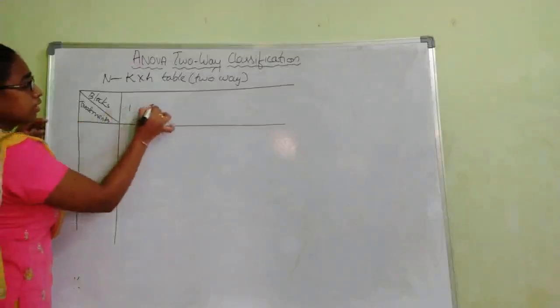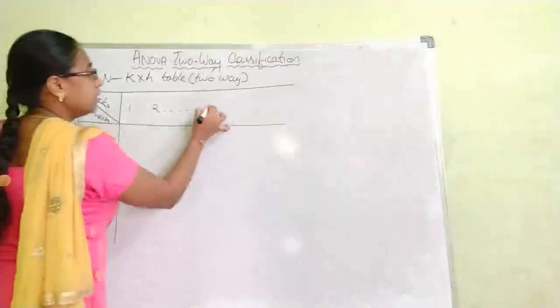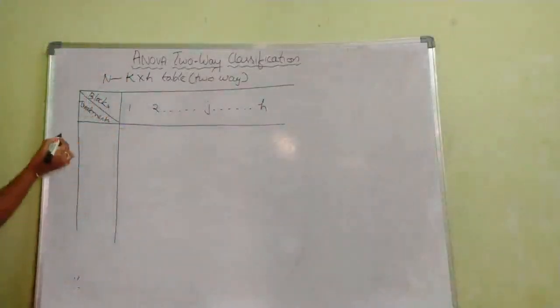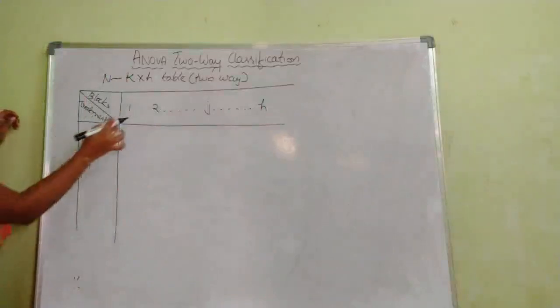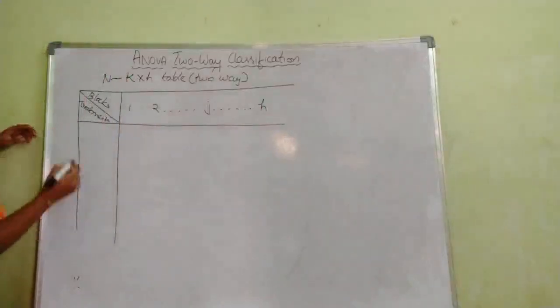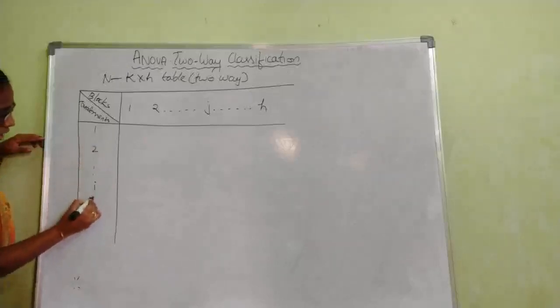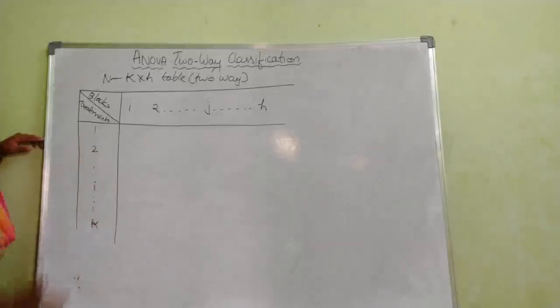So 1, 2, jth block up to the H blocks. Similarly, the treatments: in each block there will be K observations, that is 1, 2, i up to kth observations.